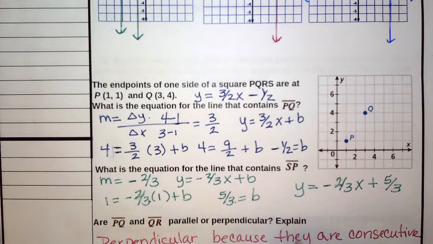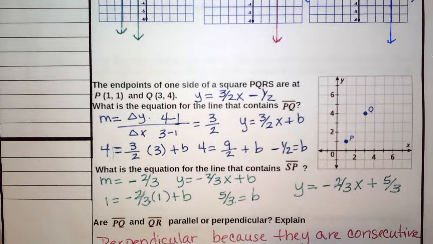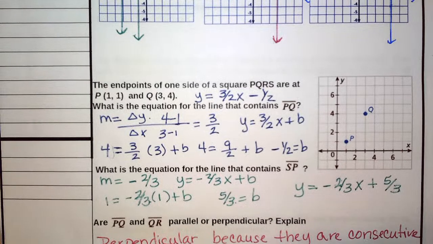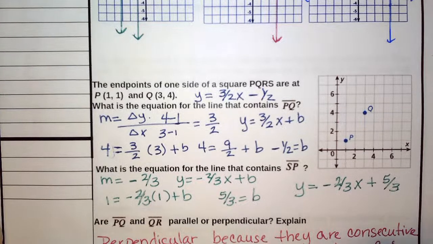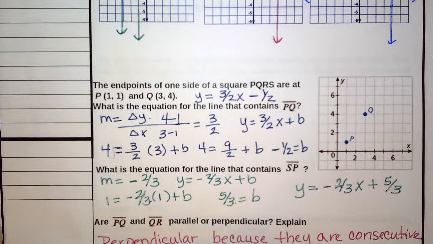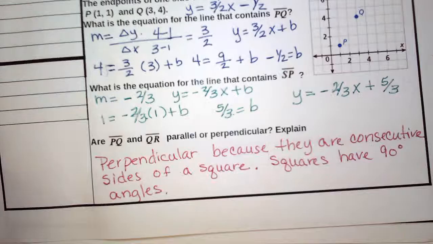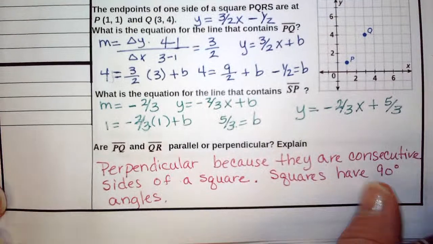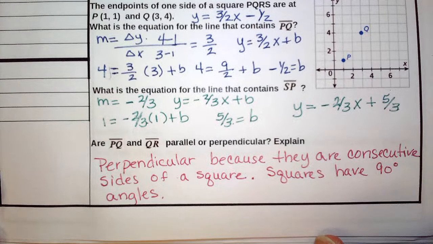And squares have 90-degree angles. So, if you're looking at them, we know that they have to be perpendicular because they're sides of a square. If they're sides of a square, then they have that intersection of 90 degrees, which is perpendicular.